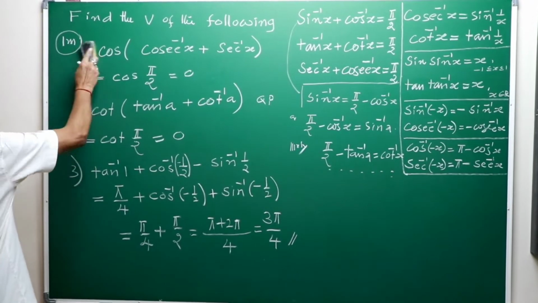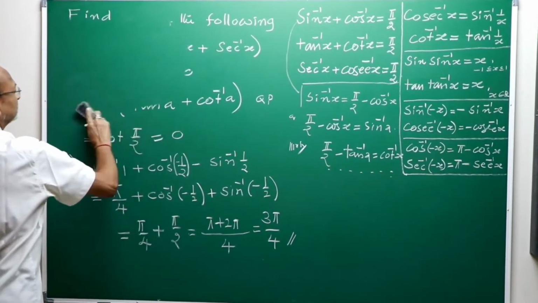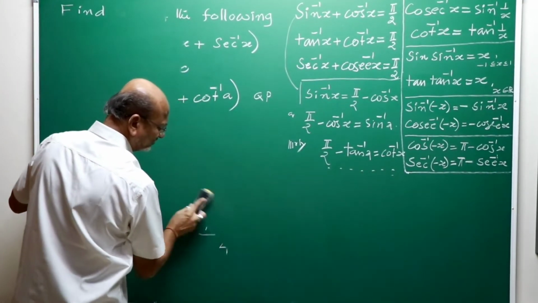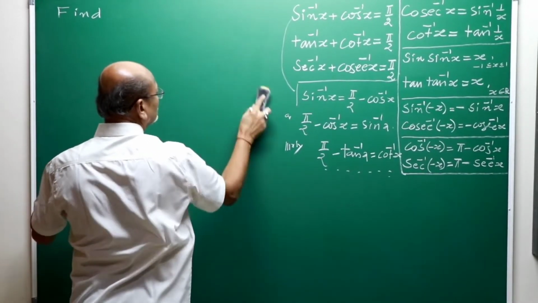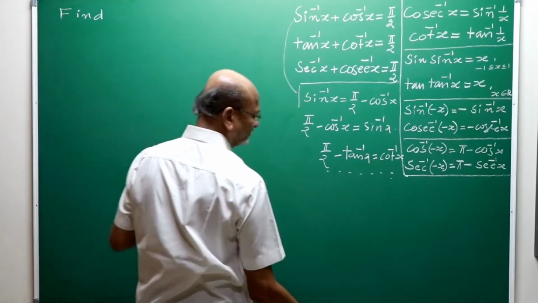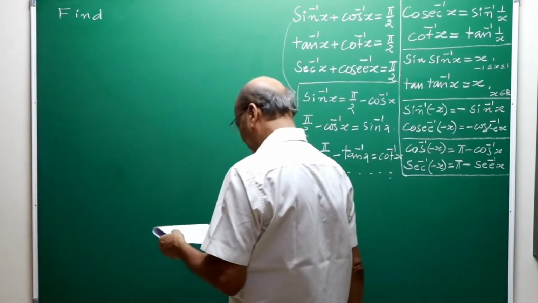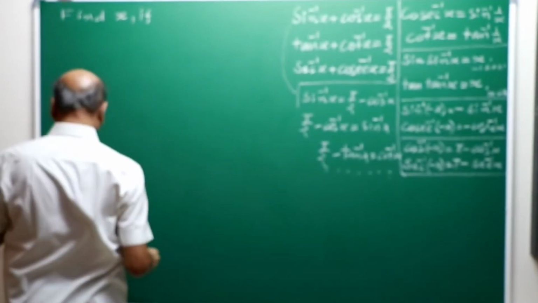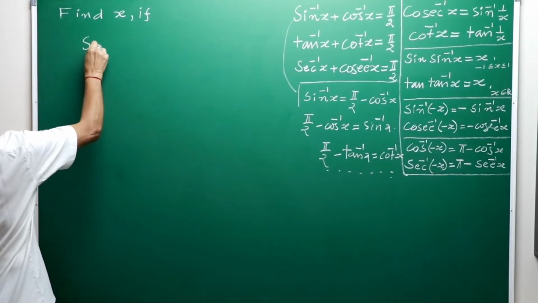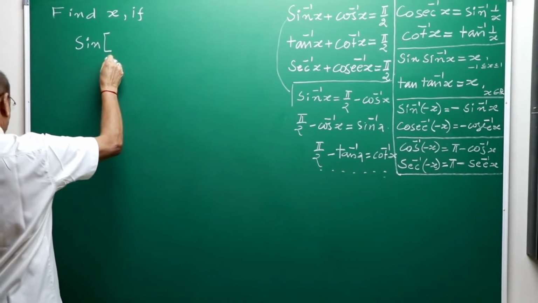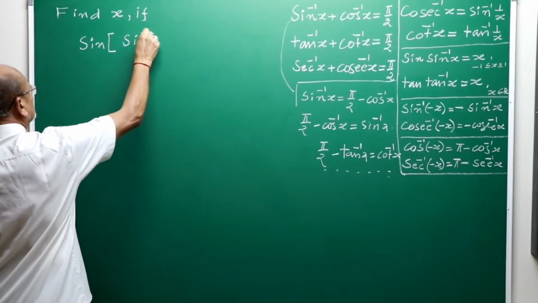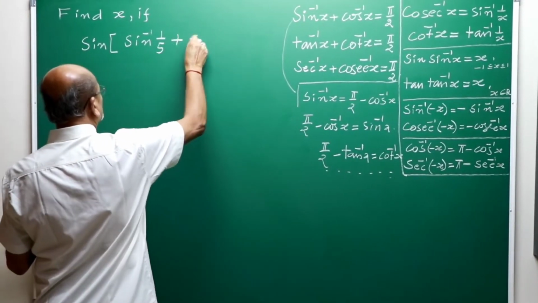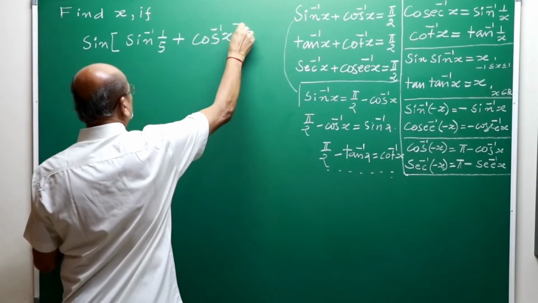Find x if sin inverse 1 by 5 plus cos inverse x equal to 1.